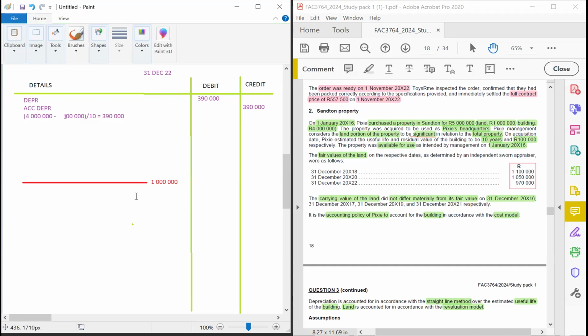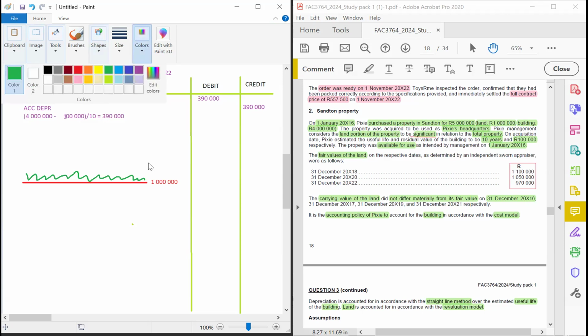Okay, so now whatever is going to occur that is above would be a revaluation surplus. So yes, on the green side, it is a revaluation surplus, right? Now we are in 2022.